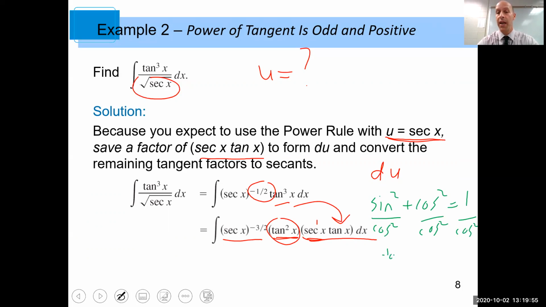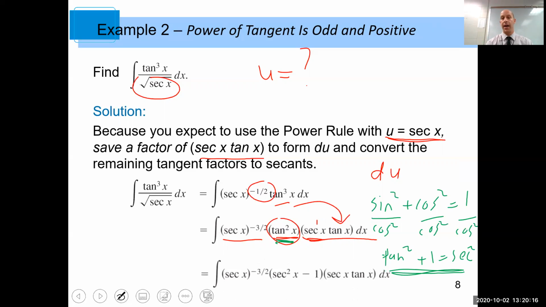So that gives me tangent squared plus 1 equals, now what is 1 over cosine squared? Well, that's secant squared. So what I'm trying to tell you now is this tangent squared, I can use this identity to substitute in, and that's what I'm going to do on this next step.